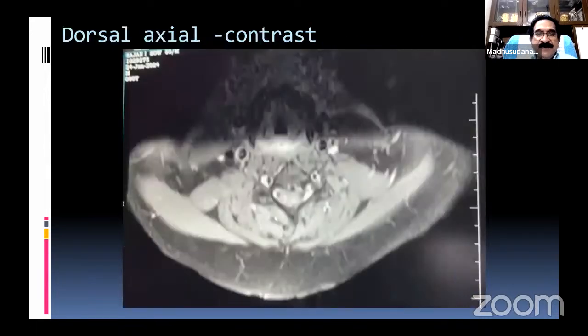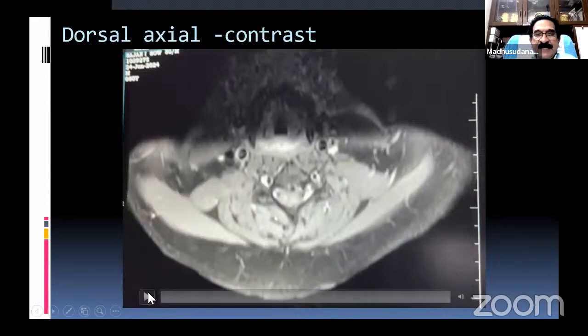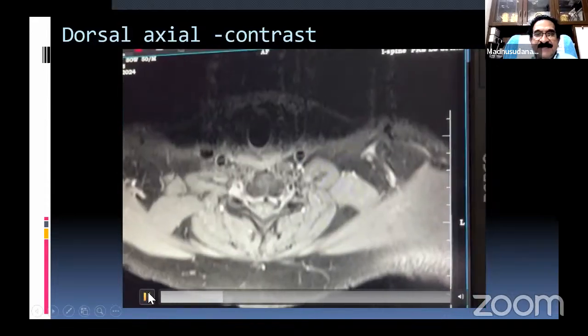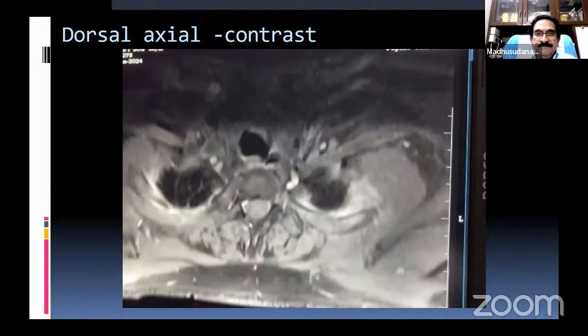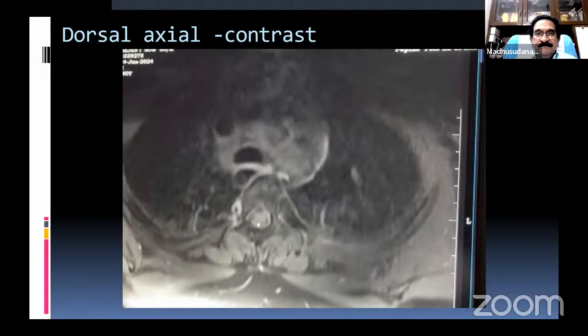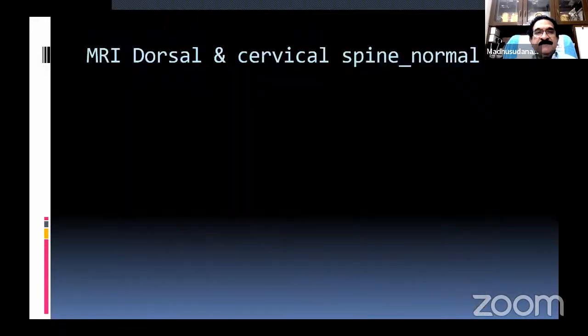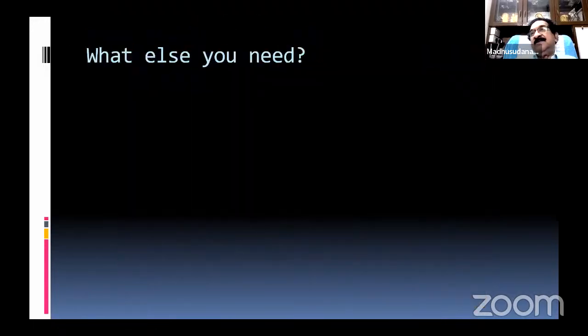This is an axial contrast. I think there is no real enhancement. So it is normal now. What do you want?